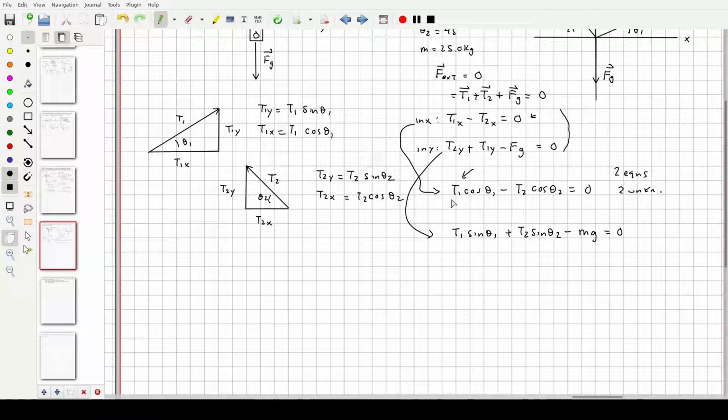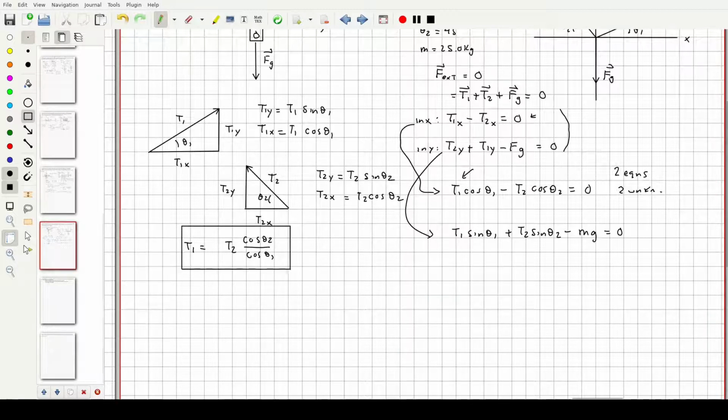So let's take this equation right here and solve it for T1. If you do that, you get that T1 is equal to T2 times cosine of theta 2 over cosine of theta 1. All right. Now we're going to box this because we're going to need it later on, and I don't want to forget where it's at. Every time I see T1 here, I'm going to plug in this.